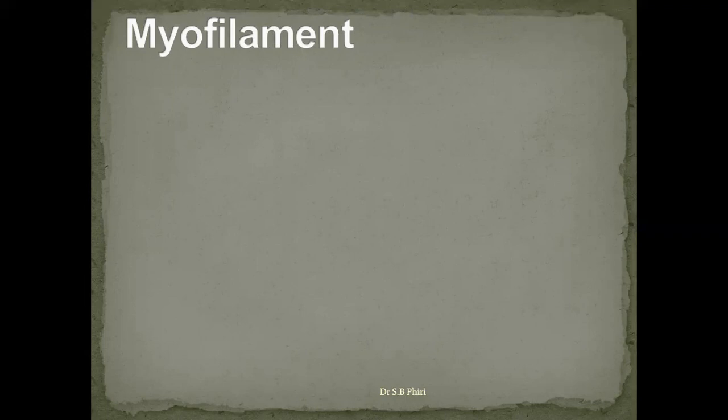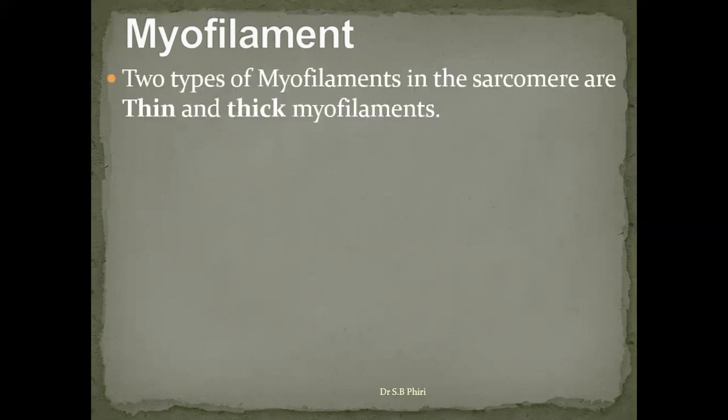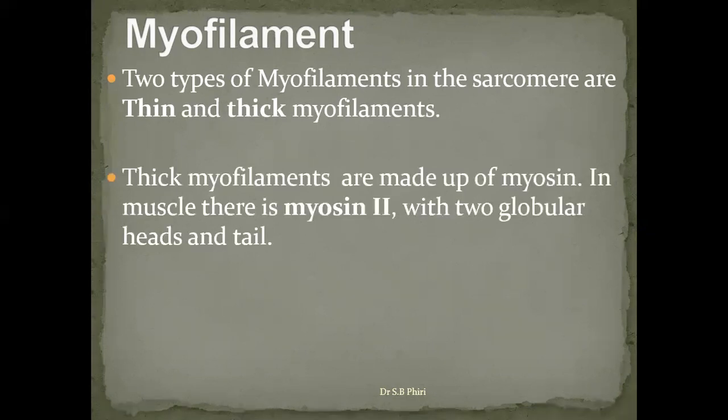Okay, so a bit of information on the myofilaments. We have two types in the sarcomere, the thin and thick myofilaments. The thick myofilaments are made up of myosin. In muscle, there is myosin 2 with two globular heads and a tail. So it's an example of molecular motors.